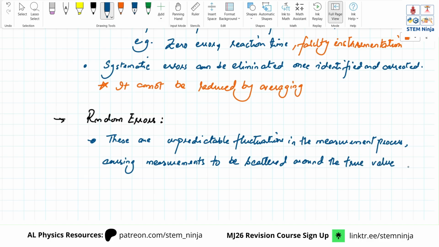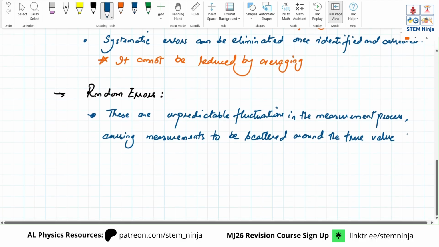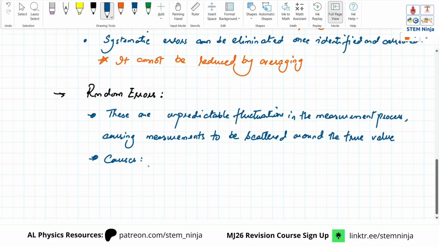That means they can be above and below the true value. Now, possible causes: any unpredictable errors, for example, parallax error.